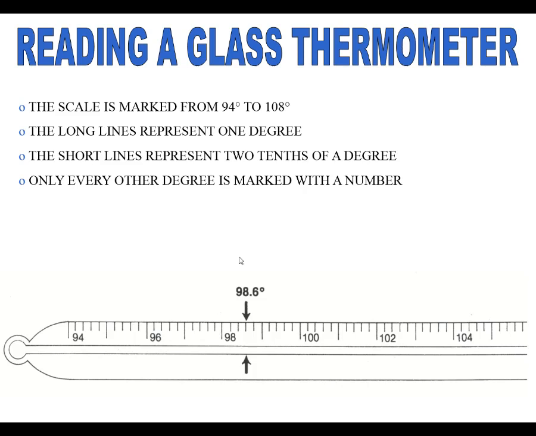Most glass thermometers, whether they're mercury or mercury-free, the lowest temperature they will read is 94, and the highest temperature they'll read is around 108. So know the range, the scale for the marked temperature, and just know how it's marked.